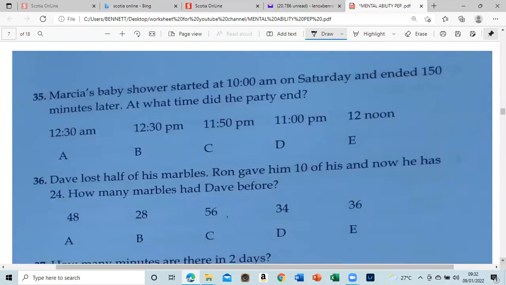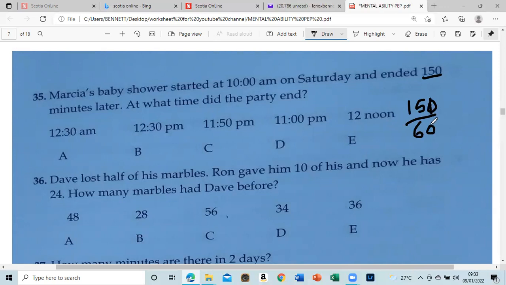Marcia's baby shower started at 10 a.m. on Saturday and ended 150 minutes later. At what time did the party end? Alright, so all we have to do now is to convert this 150 minutes to hours. So we divide by 60. So 150 divided by 60.